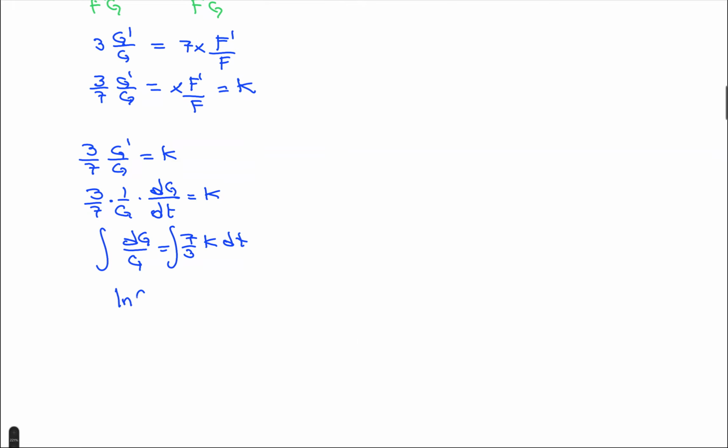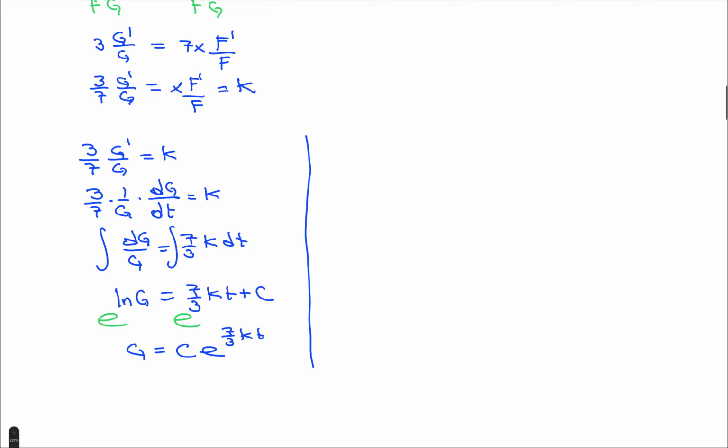That's going to leave us with ln of g equals 7/3 kt plus some constant of integration that I'm going to call c. And again, I'm going to exponentiate both sides to get g by itself. That is, g equals c e to the 7/3 kt, and again, e to the c is simply c, right? So we just obtained the g function.